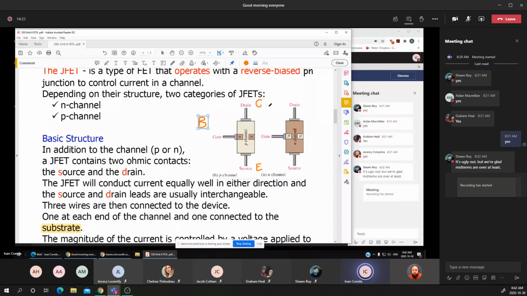Suppose that I'm supplying a voltage to the drain. That will be the positive on the drain, the negative on the source. And you notice that if there is no voltage applied to the gate, the channel is fully open. Now we have to go back to the basic functionality of a semiconductor.